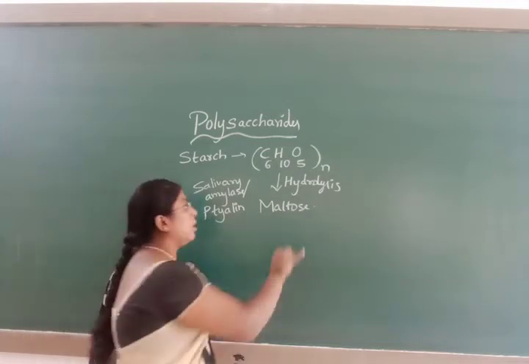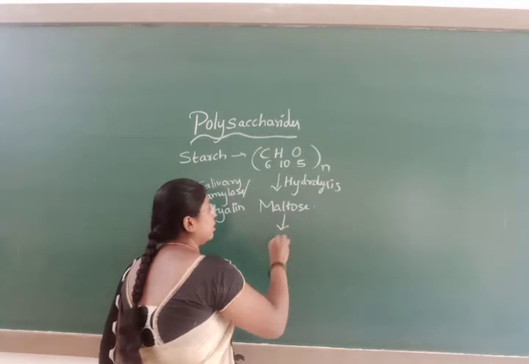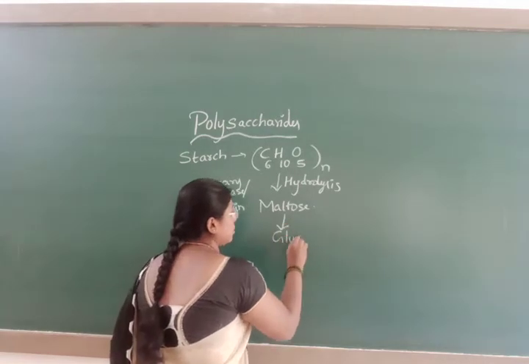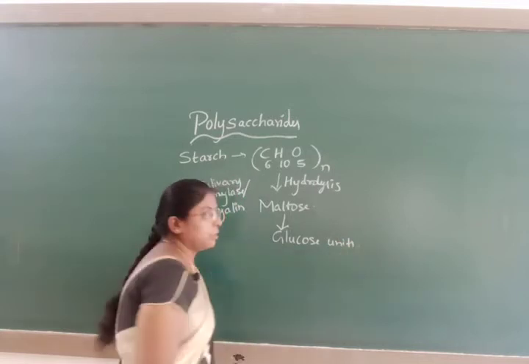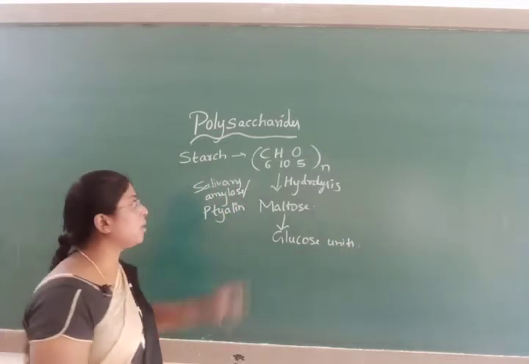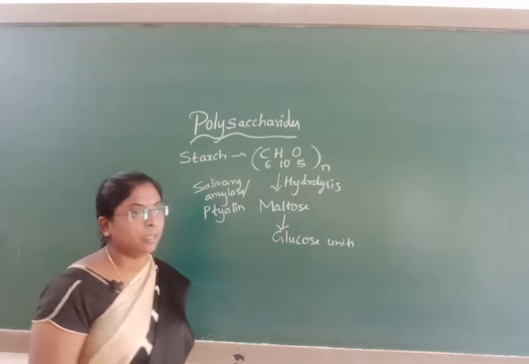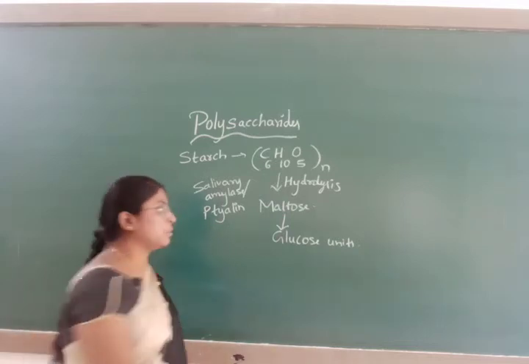Maltose further undergoes hydrolysis to produce glucose units. In this way, the starch on hydrolysis produces n number of glucose units.